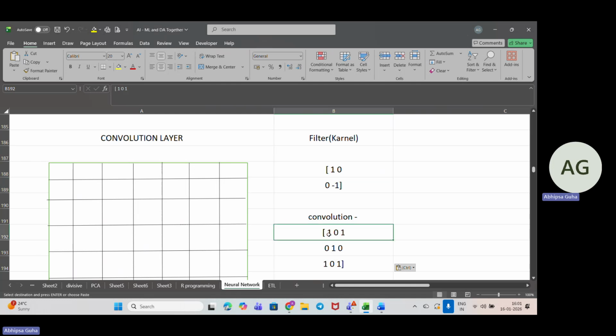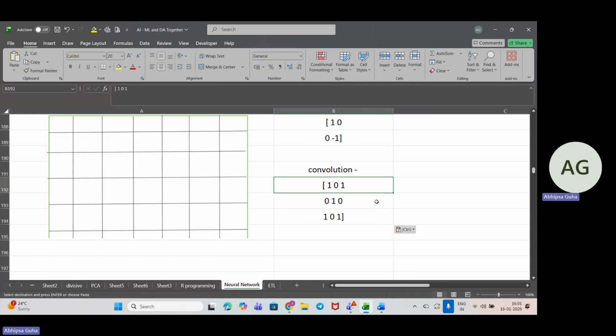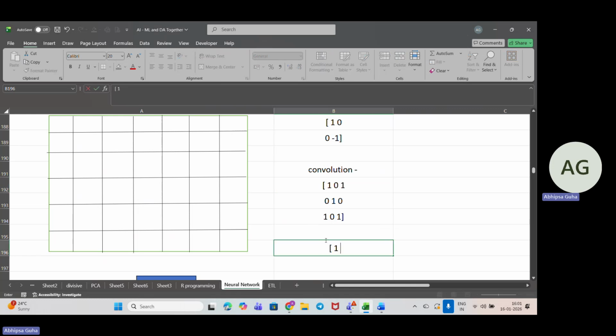For this we have 1001, this is the data that I am getting. Because it is a 2 cross 2 matrix and it is a 3 cross 3 matrix, if I place a 2 cross 2 matrix over a 3 cross 3 matrix, I get four numbers, 1, 0, and 0, 1.